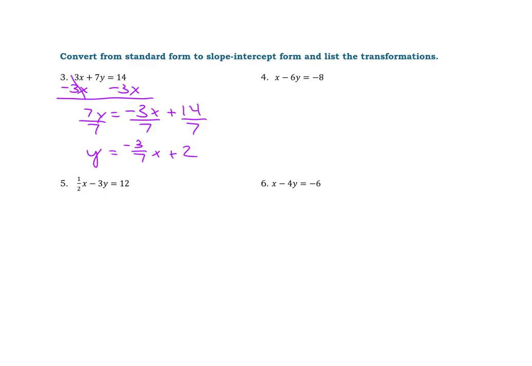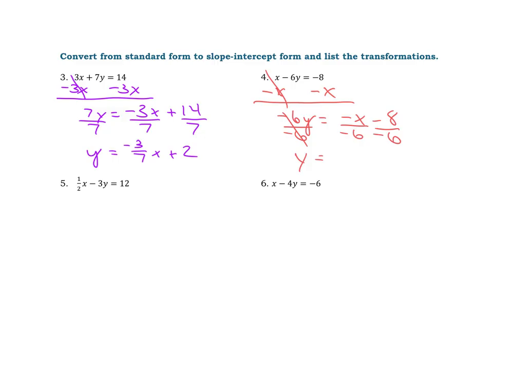Okay, the next one, I'm going to move that x to the other side. I'm going to subtract x. That eliminates it there on the left. I get negative 6y equals negative x minus 8. Now divide by what's in front of y, which is the number negative 6. Eliminates it there, so y equals.